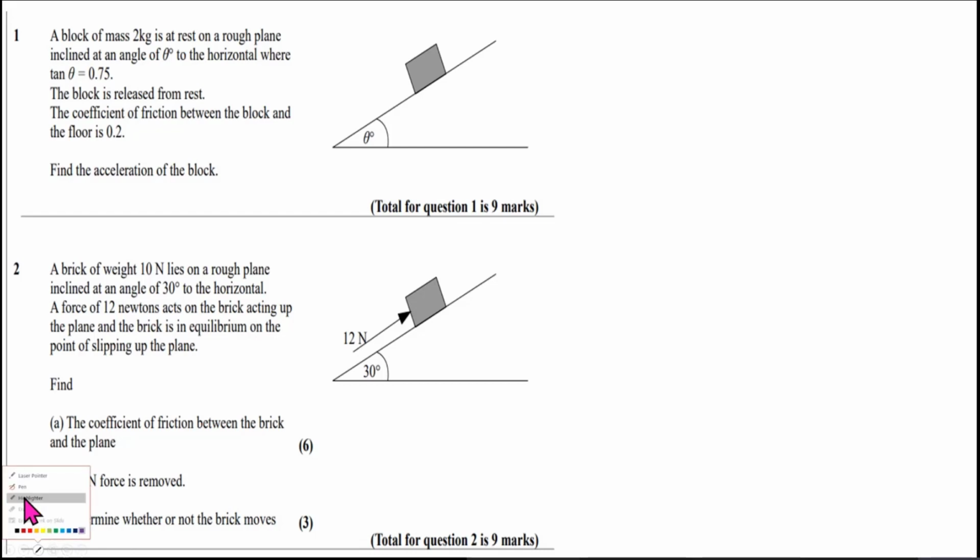So remember, this happens quite a lot. As soon as you see tan theta equals 0.75, we know tan theta equals 3/4. So you do your little triangle. That makes a 3, 4, 5 triangle.